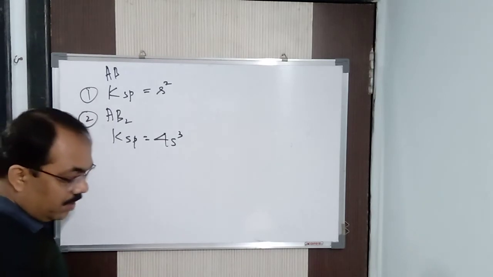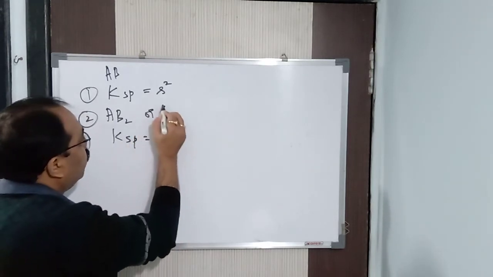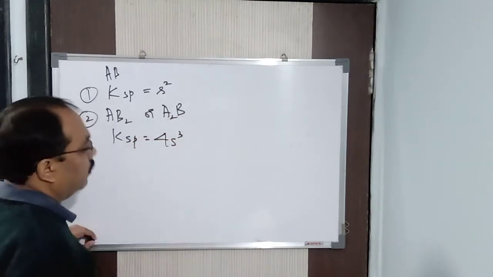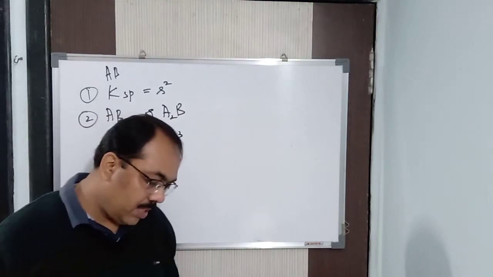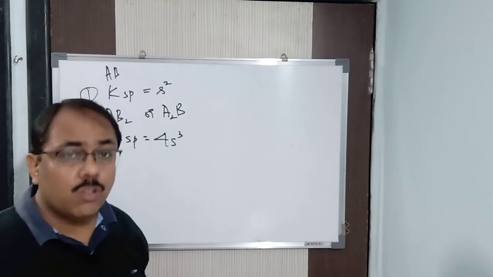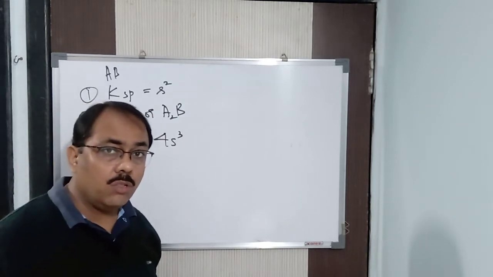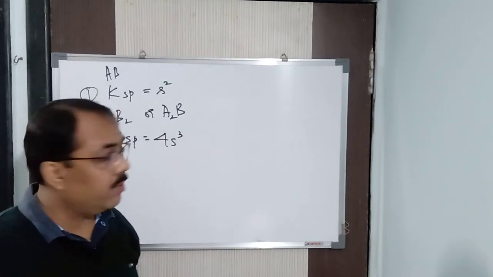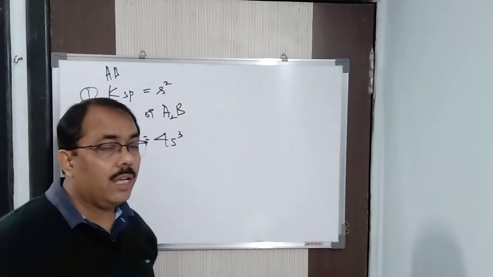Similarly, whether it is AB2 type or A2B type, like Ag2CrO4, Ag2SO4. Now remember, I am talking here of sparingly soluble salt when calculating solubility.